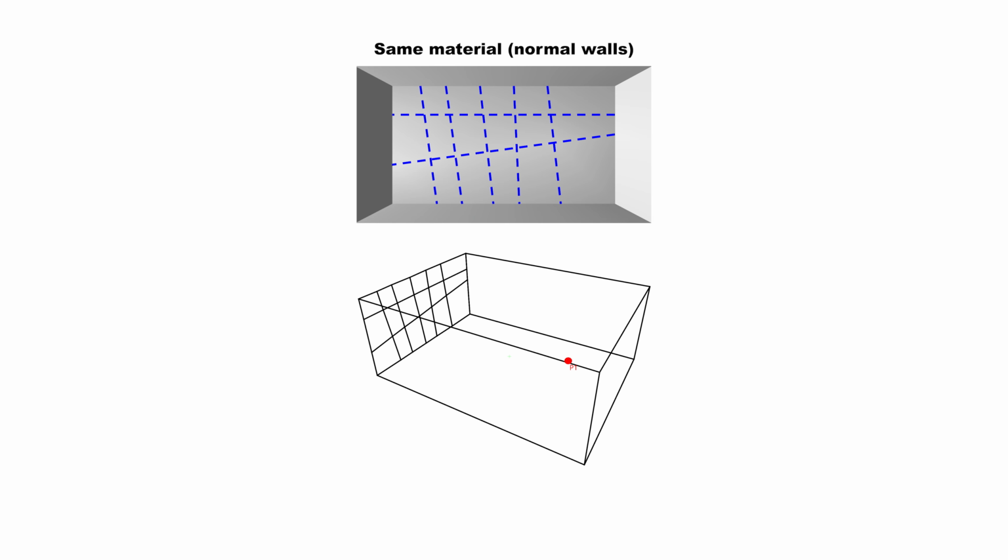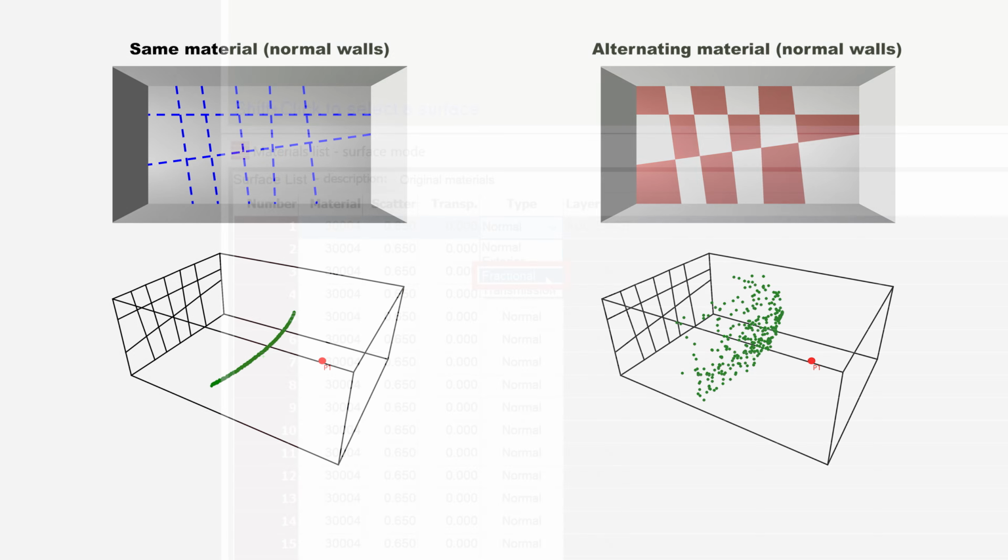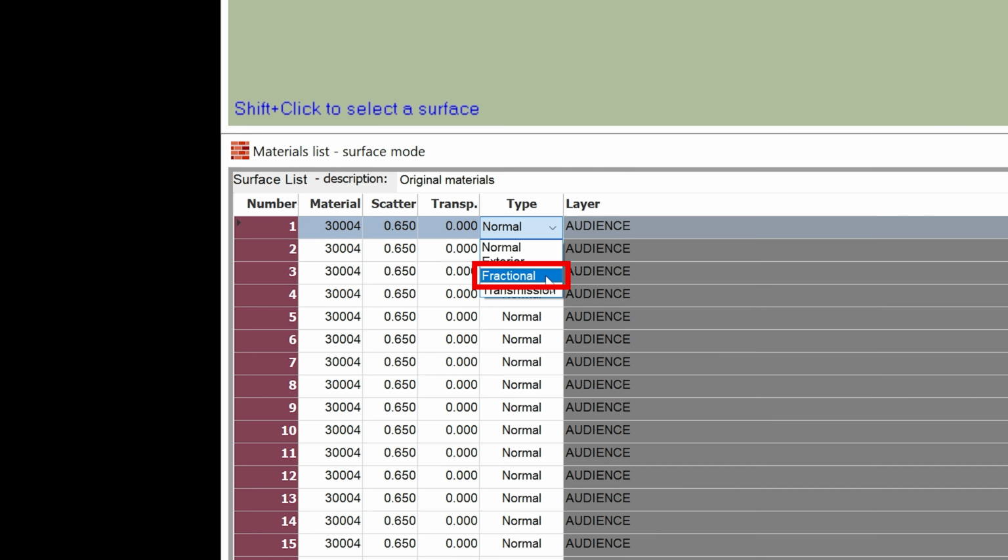If you have adjacent coplanar surfaces with the same material, Odion will treat them as a single continuous surface by default, even with the normal wall type. But if adjacent surfaces are not coplanar or have a different material, there will be edge diffraction. Again, you can use the fractional setting to force Odion not to produce edge scattering at the joints.